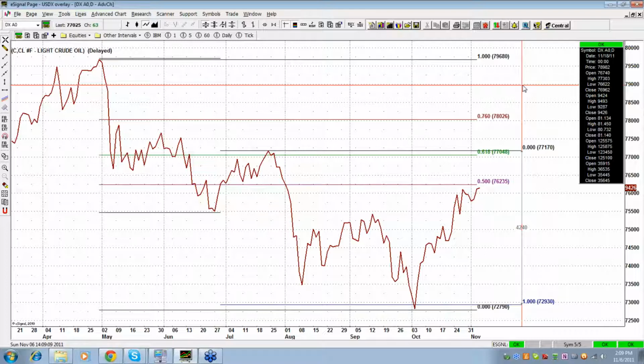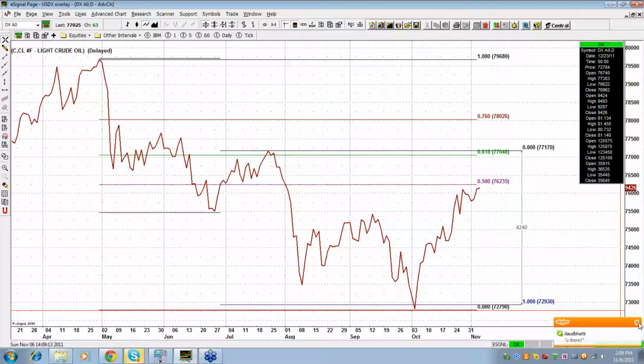This market is a toss-up. It can go both ways. It can go either in favor of the dollar or against the dollar.